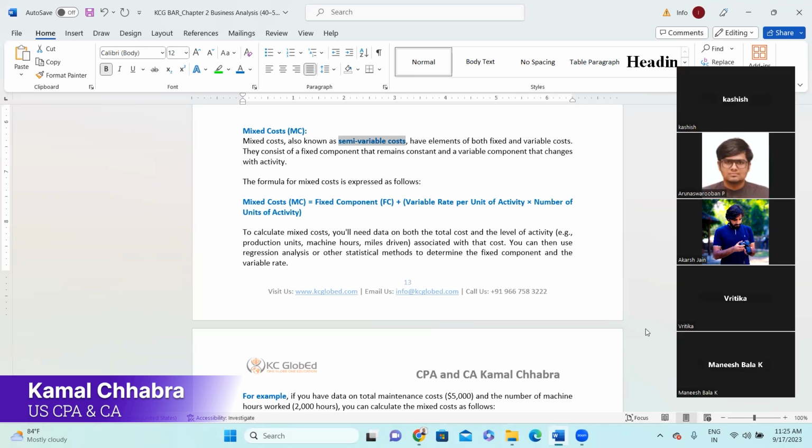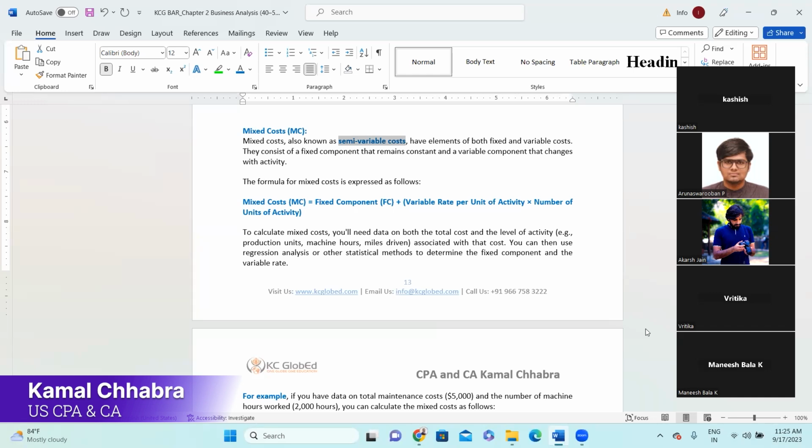Okay. So two things, like the step cost. What you're saying, to the best of my understanding, is that the step cost arises when you are elevating the overall production capacity and you have to incur additional fixed cost to extend your capacity, right?